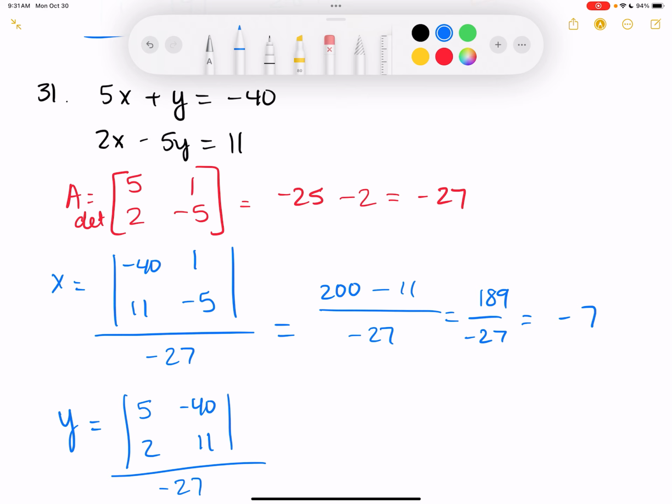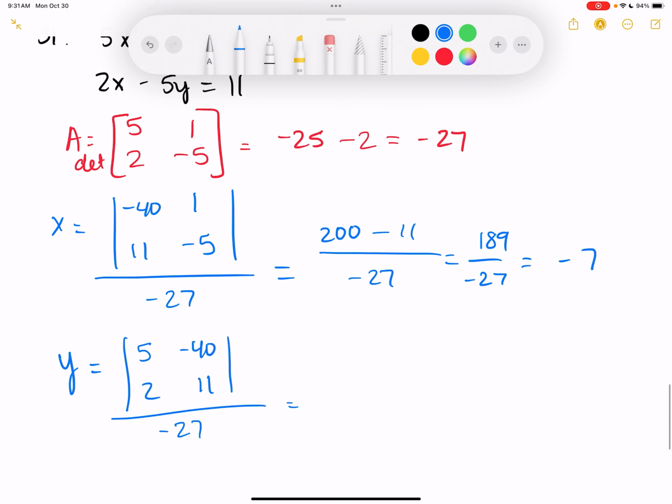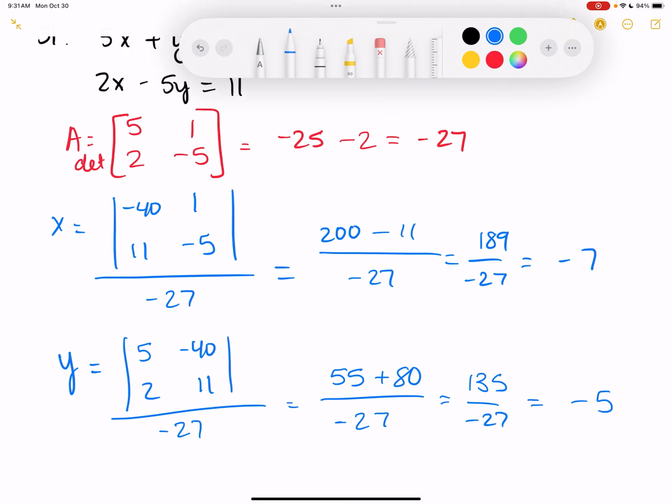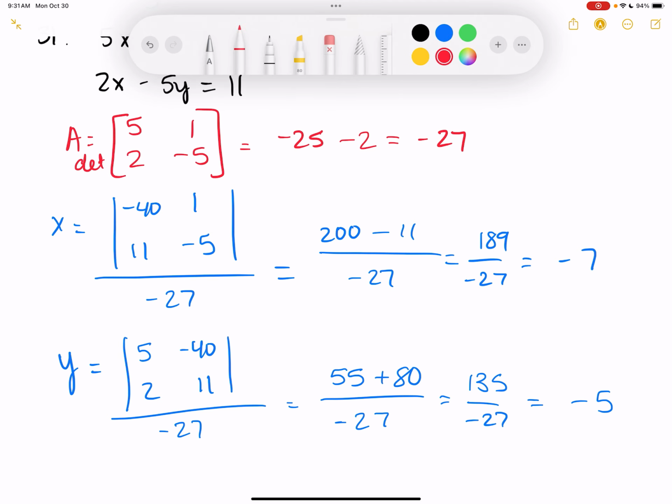So then the determinant of the top, over -27. That ends up being 135 over -27, which is -5. So my solution is -7, comma, -5. Yep.